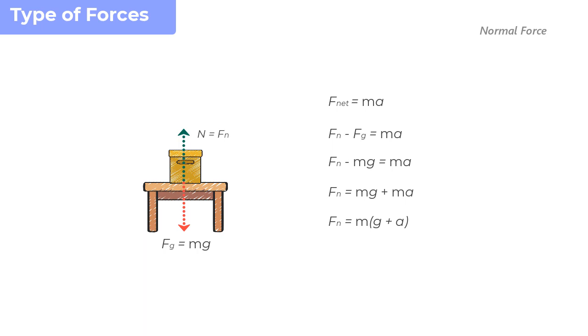Now, a word of caution here is that we've already factored in the sign of g in this equation, but a, which is the final acceleration as a result of the combination of forces, that is the net force, can be positive or negative. However, for this particular situation, we can see the box is going nowhere. That is, it is stationary. So its acceleration is 0, or Fn is equal to mg. That is, the normal reaction equals mass into gravity.